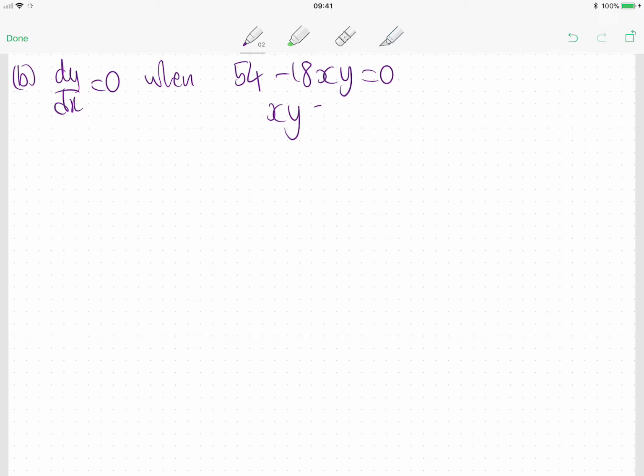So we have x times y is 54 divided by 18. Should we simplify that a little bit more? So we have a 9 and a 27, which is a 3. Okay, so x times y must be equal to 3.